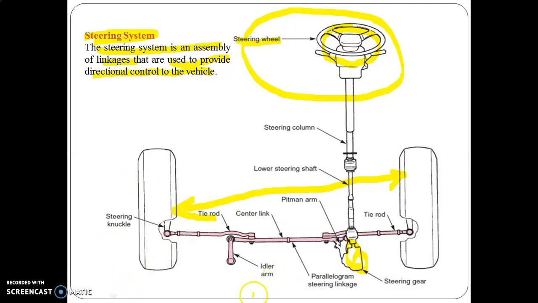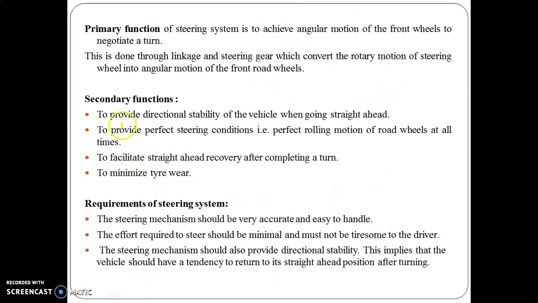So this is all about basics of steering system. We will discuss various functions of the steering system. So two various functions we will discuss: primary function and the secondary function.